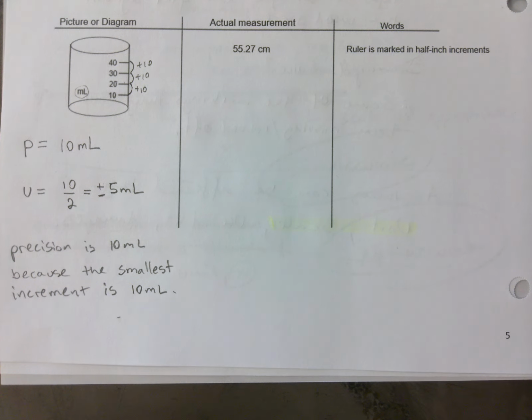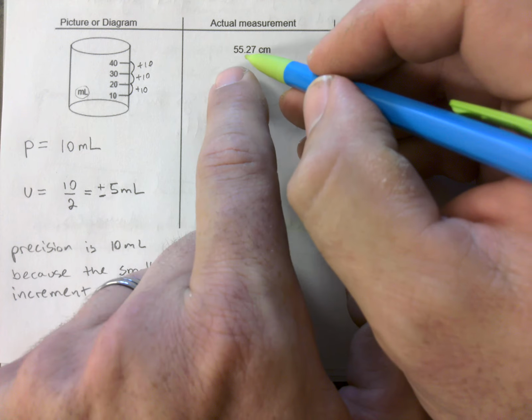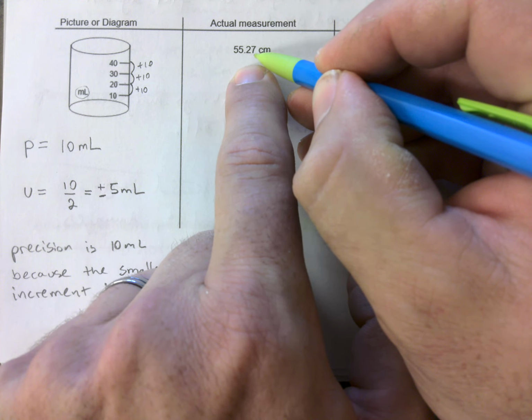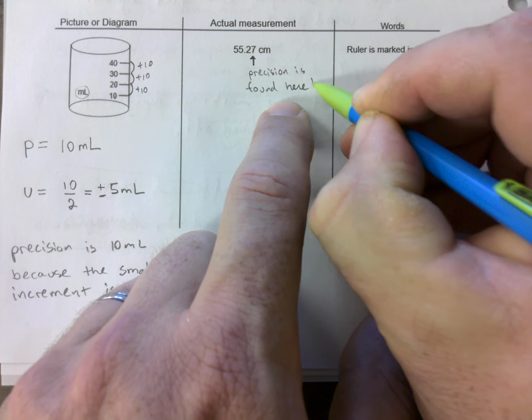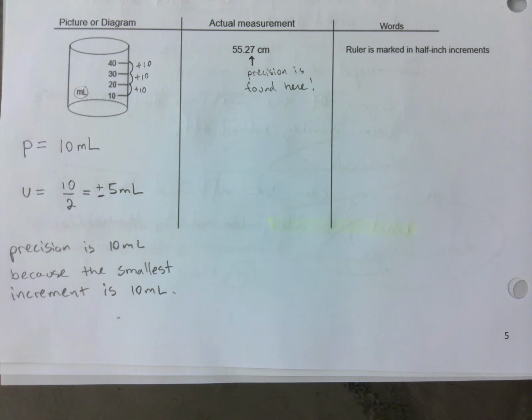Okay? So you focus in on the last number. So in this case, there are 2 decimals. You focus in on that one. Precision is found here. You focus in on the last digit there.